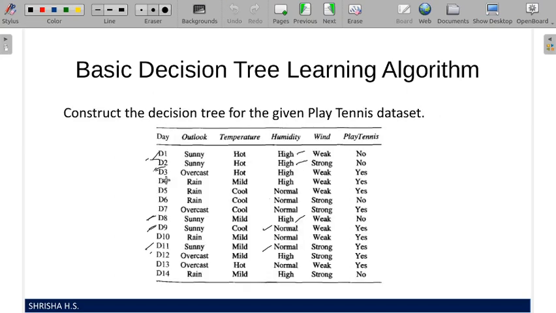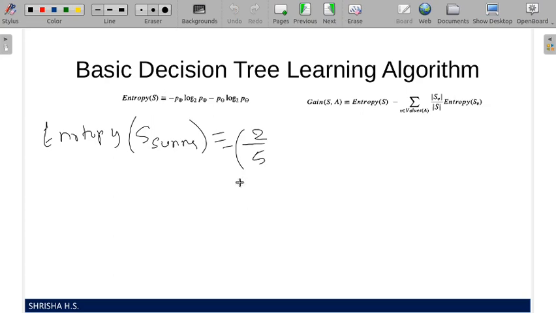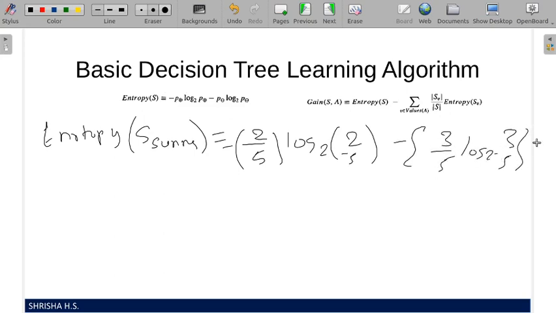So the entropy equals minus 2 by 5 log 2 of 2 by 5, minus 3 by 5 log 2 of 3 by 5.